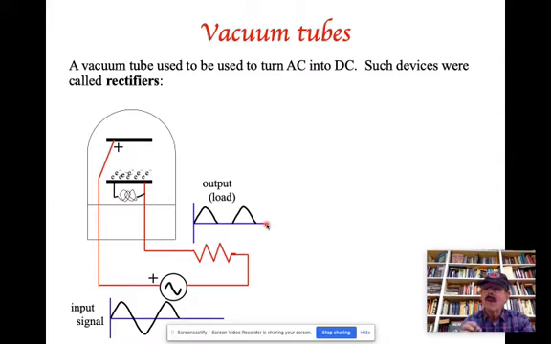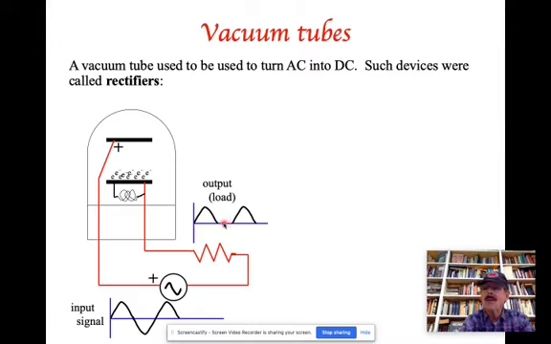But the point is that what you're looking at here is DC, in the sense that DC effectively is a situation in which current is only flowing in one direction in the circuit, and that's exactly what's happening here. Current's only flowing in one direction. Now, as I said, it's sloppy DC. It's lumpy. You're wasting half of the cycle.